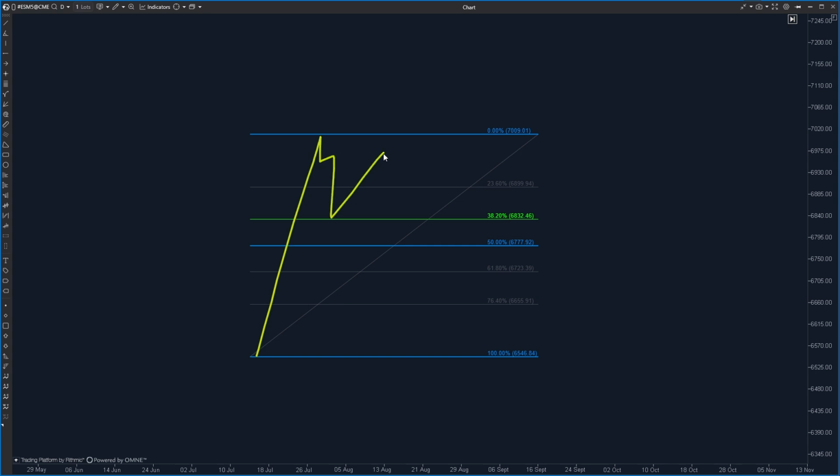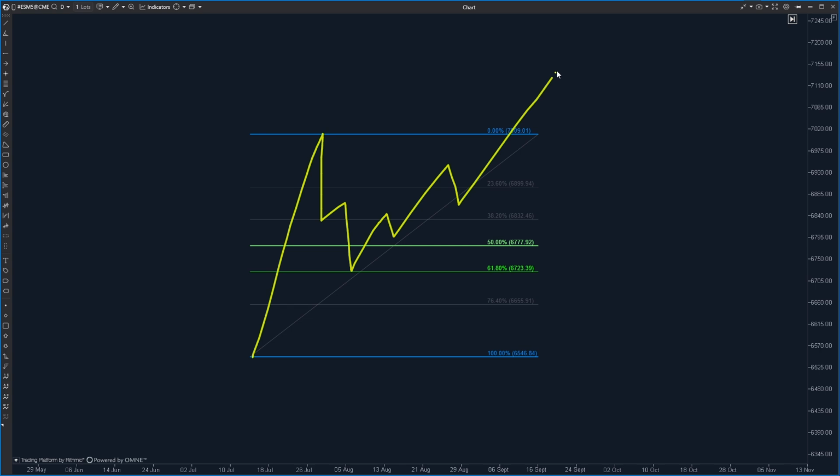The reliability hierarchy essentially shows that reactions at deeper levels, such as 50% and 61.8%, indicate more serious testing of the trend and thus provide stronger signals for potential reversals, while reactions at the 23.6% level may simply represent minor profit-taking in an otherwise strong trend.